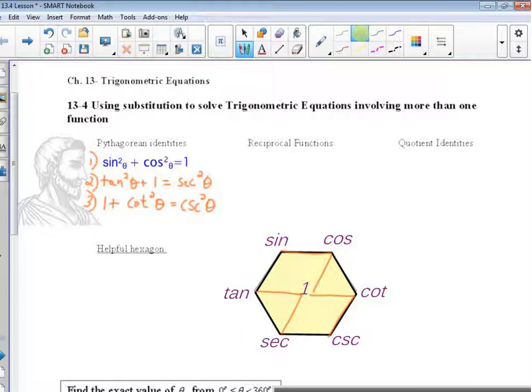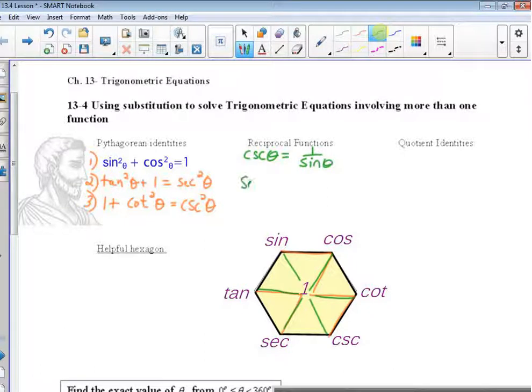Okay. Also, the reciprocal functions, if you look at the helpful hexagon, they are directly opposite one another. So sine theta and cosecant theta. So if you see cosecant theta, that's 1 over sine.